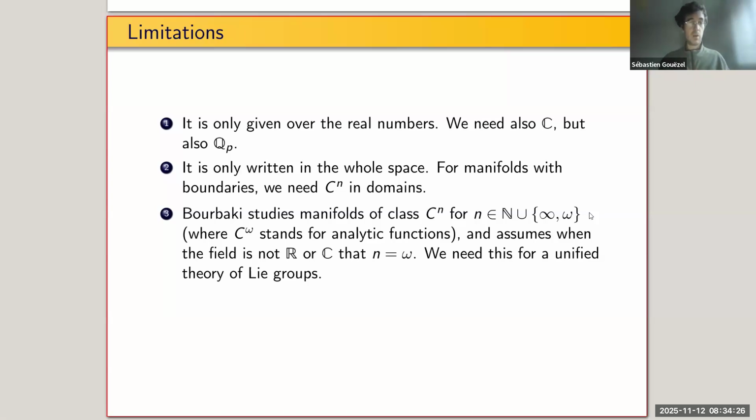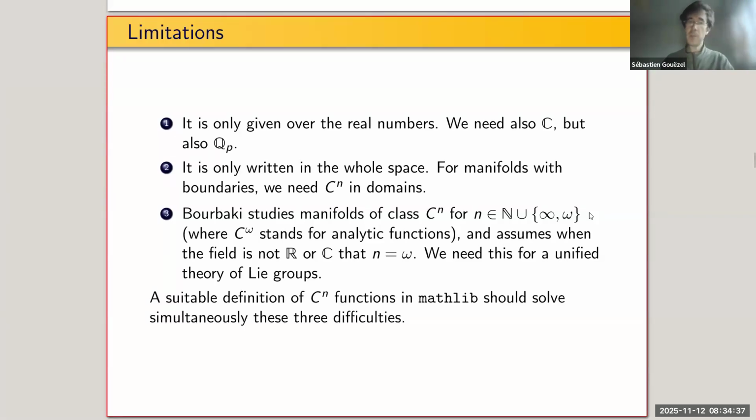Okay, so I'll try to describe the definition we have currently in mathlib that will solve these three issues. The suitable definition of Cn functions in mathlib should solve simultaneously these three difficulties. That's something we need if we want to have a comprehensive library to cover all possible applications.